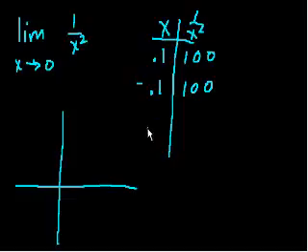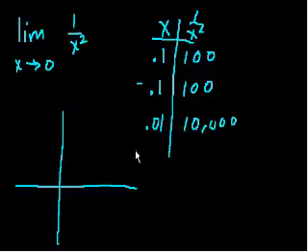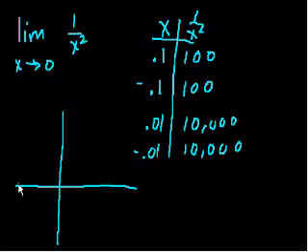And similarly, if x is 0.01, you'll get 10,000. And if we put minus 0.01, you'll get positive 10,000 as well, because we square it. So this graph, if you have a graphing calculator, you should experiment, looks something like this.